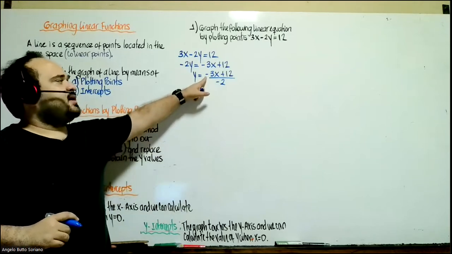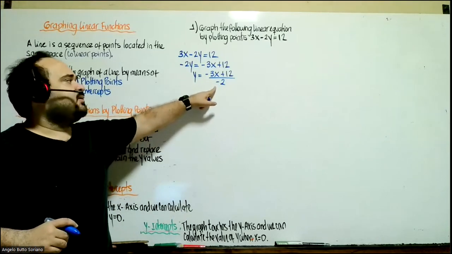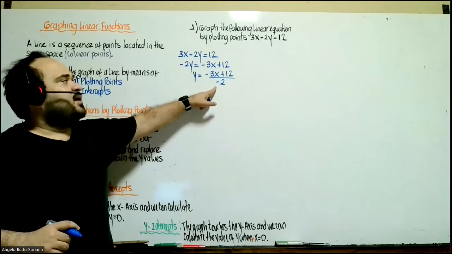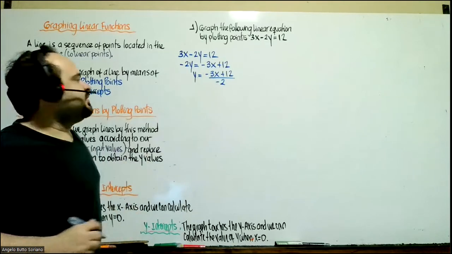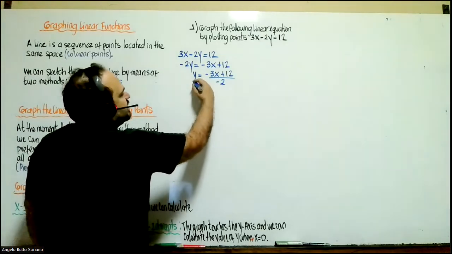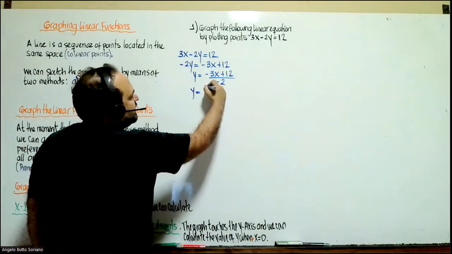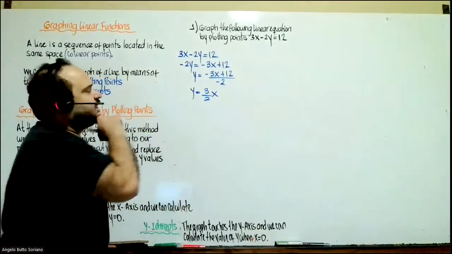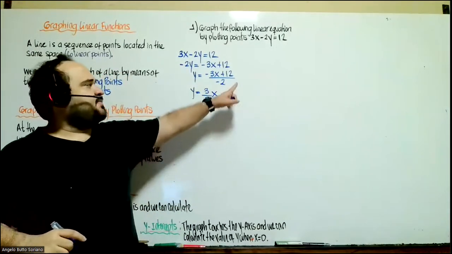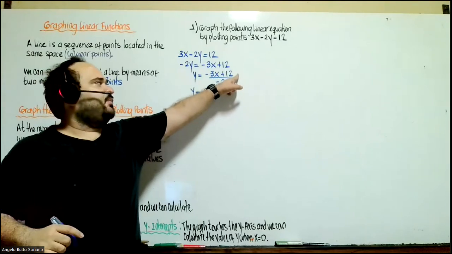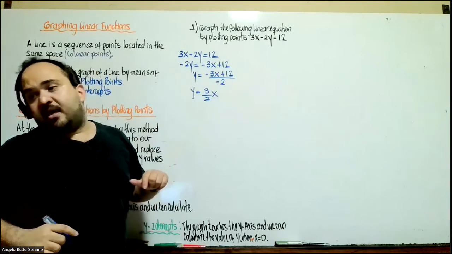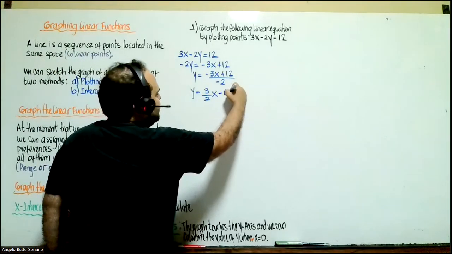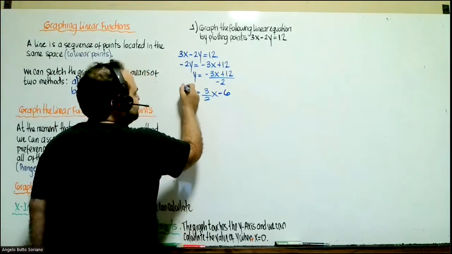So negative 3 divided by negative 2 will be positive 1.5, but instead of leaving decimal numbers, we're going to work with fractions. So y will be equal to 3/2 x. On the other hand, we have the number 12 divided by negative 2; positive times negative is negative, and the answer will be negative 6.